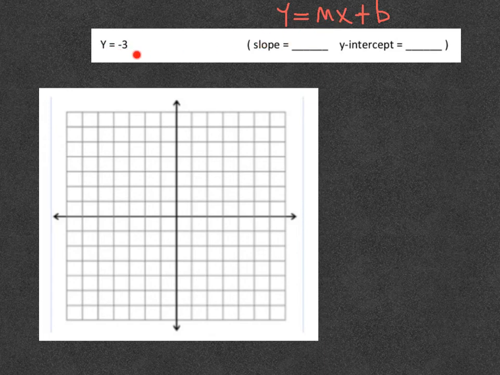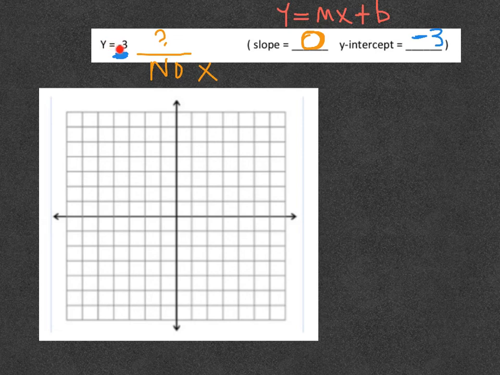There's nothing there for a slope. This one does not have an x. That means my slope is 0 because it's missing from the equation. However, I do have just a regular number that's going to take the position of b, or my y-intercept, and that is -3.